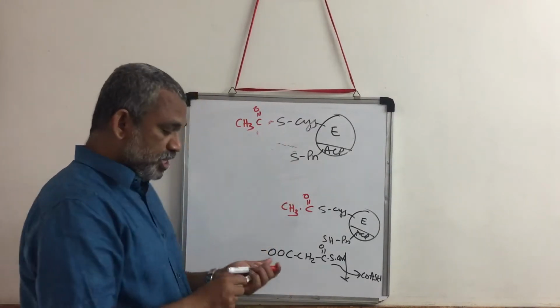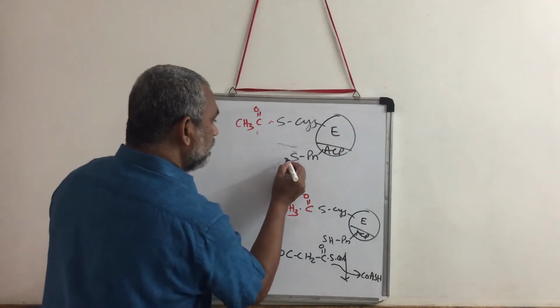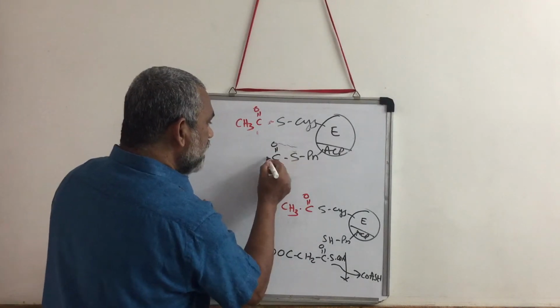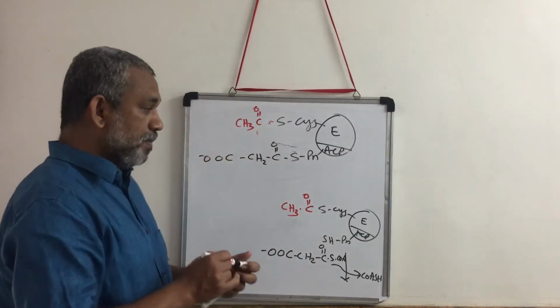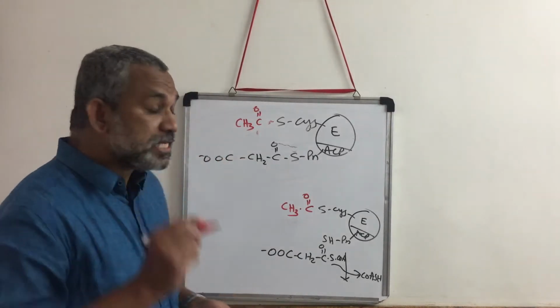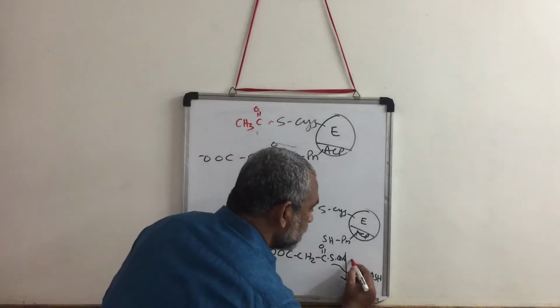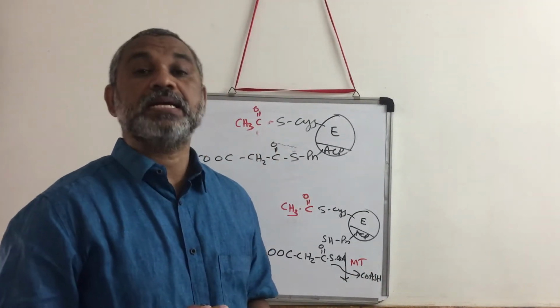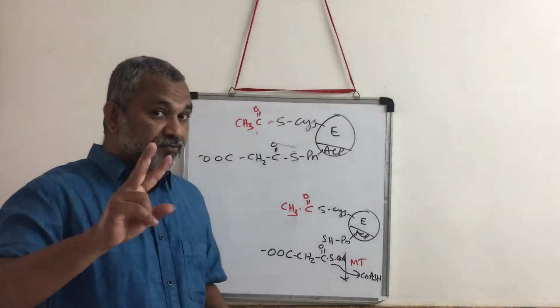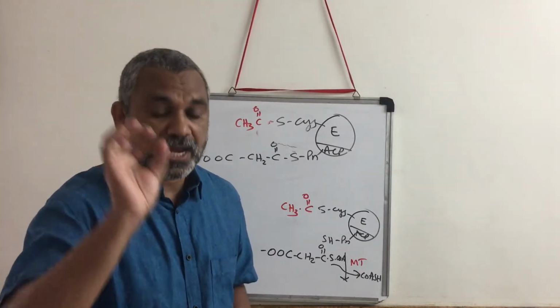Now in this position you will have the malonyl group getting attached. The malonyl group is attached. The enzyme which will do this catalysis is malonyl transferase or malonyl transacylase. So we have used two enzymes of domain number 1.